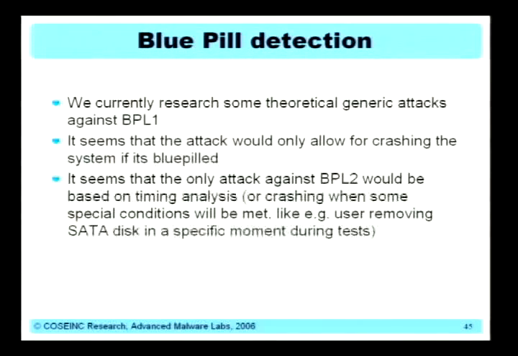And by the way, this brute force attack which I mentioned, which could be used to blue screen a machine once it's blue pilled. One of the advantages of having Blue Pill level 2 would be that it shouldn't be possible to have a similar attack against Blue Pill level 2.